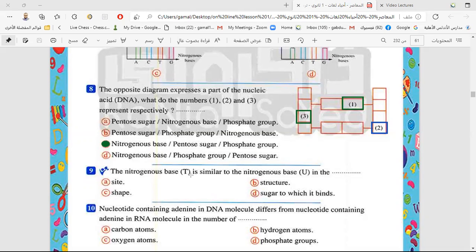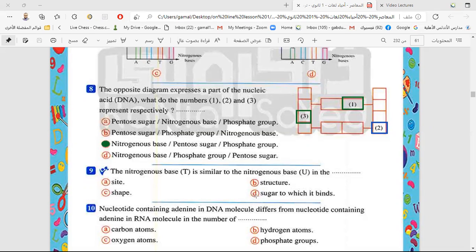Thymine is found in DNA, but uracil is found in RNA. So they are different in site. They are similar in what?